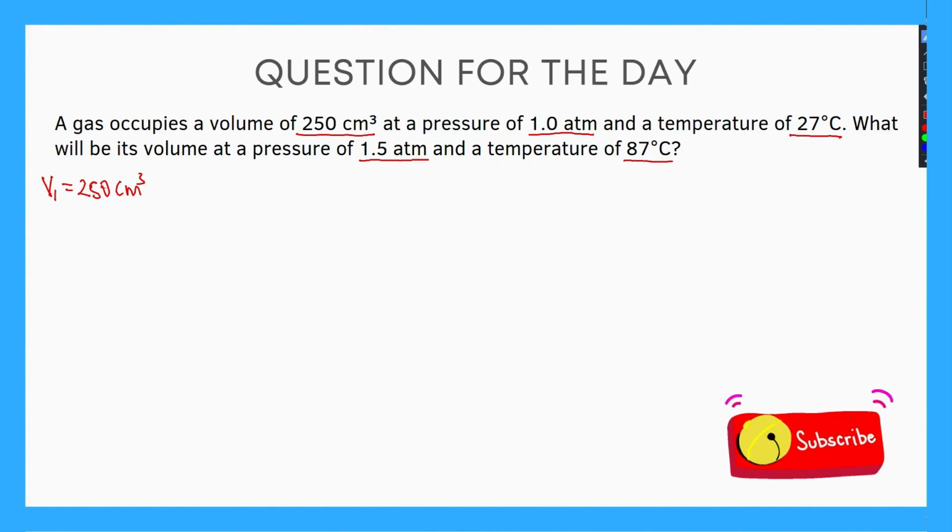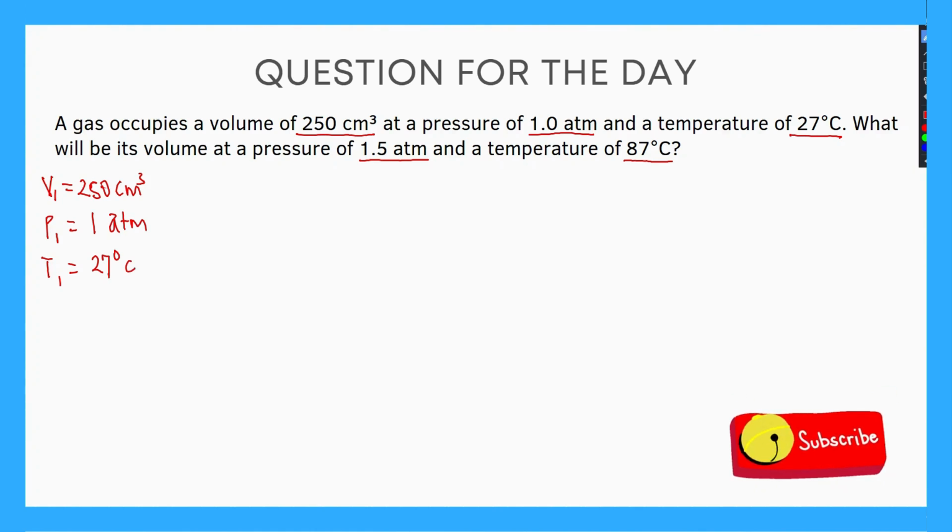And then the next thing they told us is that it had a pressure of 1 atmosphere. So the initial pressure, or P1, is 1 atm, and a temperature of 27 degrees Celsius. So the initial temperature T1 is 27 degrees Celsius.